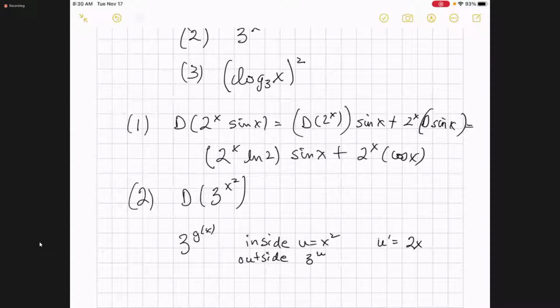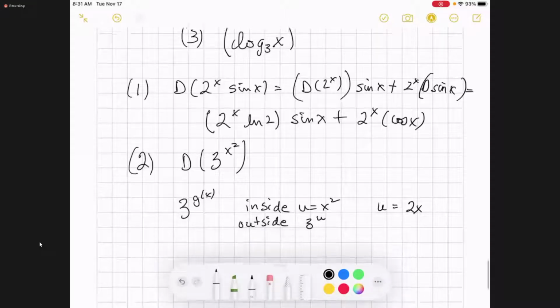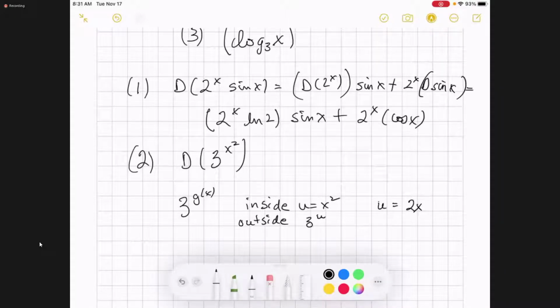And I have two variables here. Let's be careful about which one I'm talking about. So u prime's not the best notation for that. How about I call it du dx? Okay. And then the derivative of 3 to the u with respect to u is 3 to the u ln of 3.